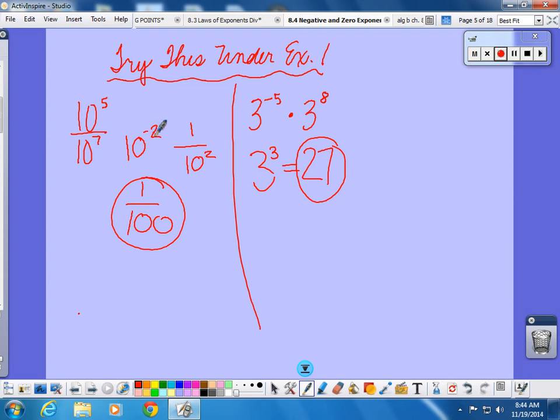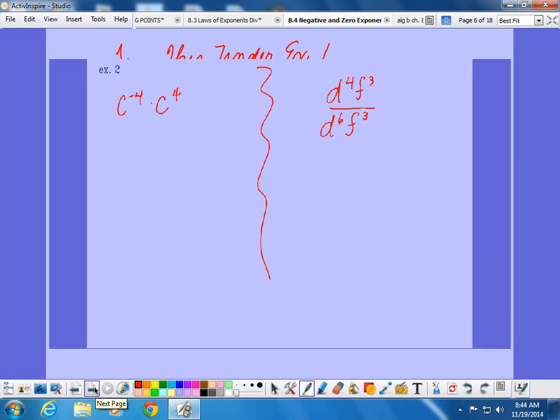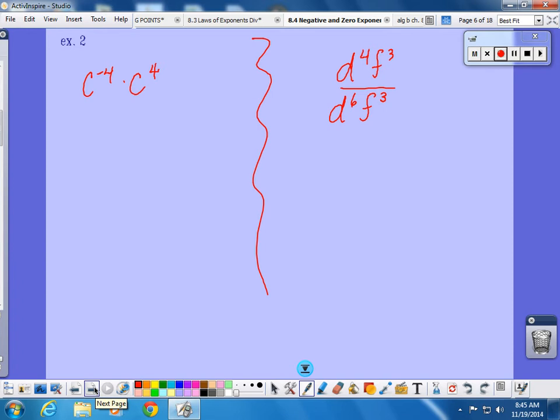Of course, we had our negative exponent rule there also. All right, let's look at these, do them together. What rule are we using? Product. And negative 4 and positive 4 is a 0, right? Even a variable to the 0 power is 1.